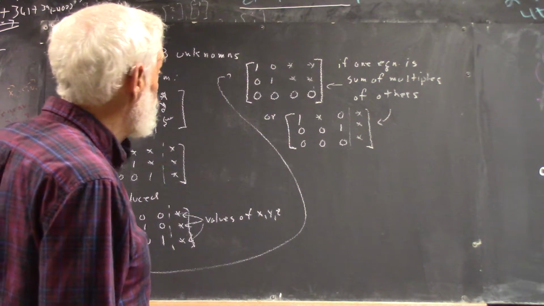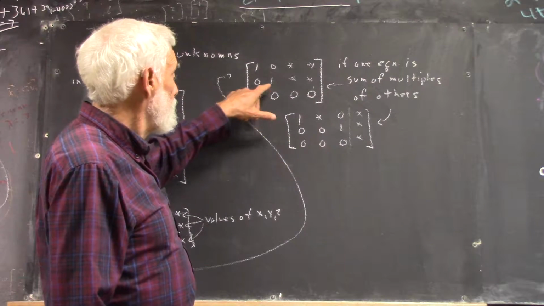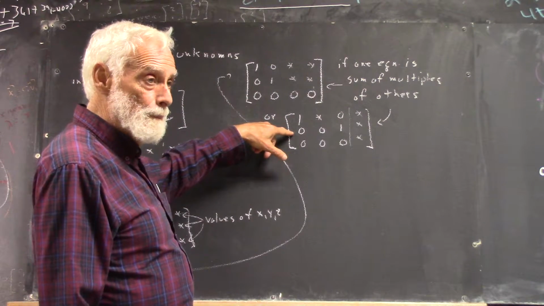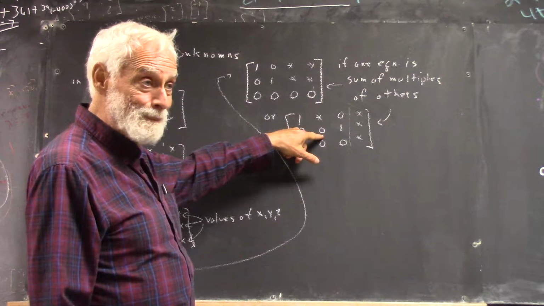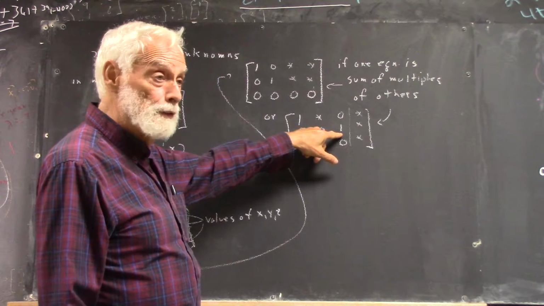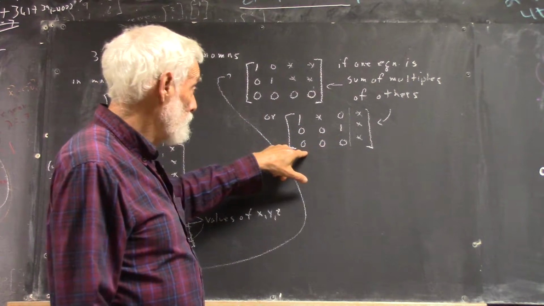It could happen that in eliminating the x here, you also eliminate the y. It leaves you a z, and still leaves you that row of zeros.